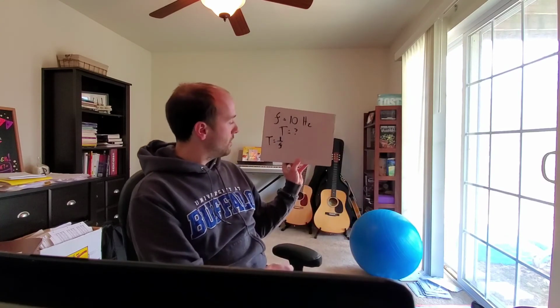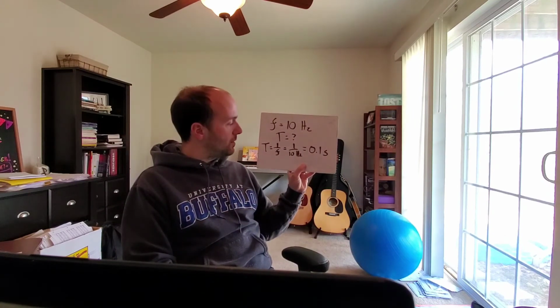T equals 1 over f, which is 1 over 10 hertz. 1 over 10 is easy. I don't need a calculator for that one, but if it were a less easy number, you could just throw that in your calculator, and we get that the period is 1/10 of a second, or 0.1 seconds.